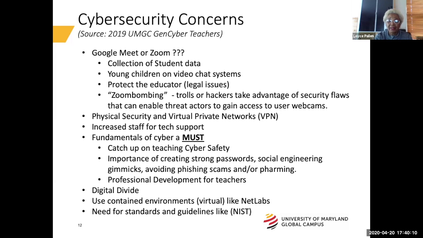We've heard a lot even before now that they can take advantage of personal cameras. Of course, we need to have physical security. Some of these were just the general cybersecurity concerns that one must have being online: physical security of computers, and making sure that you were working on a virtual private network where possible.